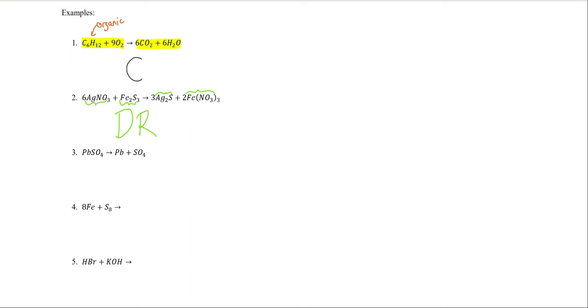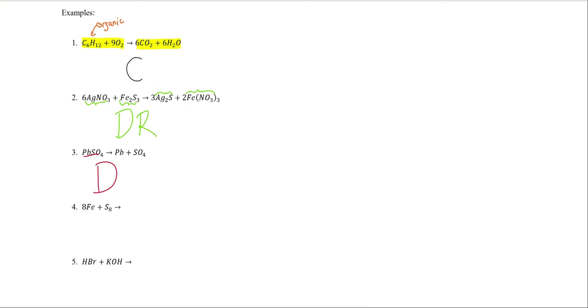They just swapped partners. The third example, I have one reactant. There's only one rule that says you have one reactant. That's going to be our decomposition. And we see that that's indeed what it does. The PbSO4 splits up into Pb and SO4 separately. It is decomposed from one thing into two.